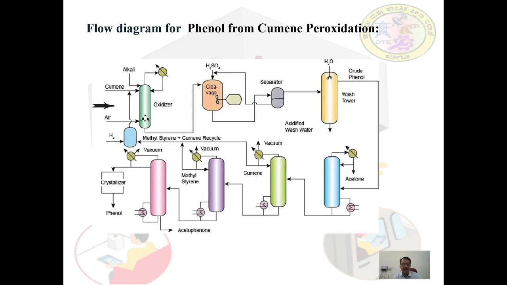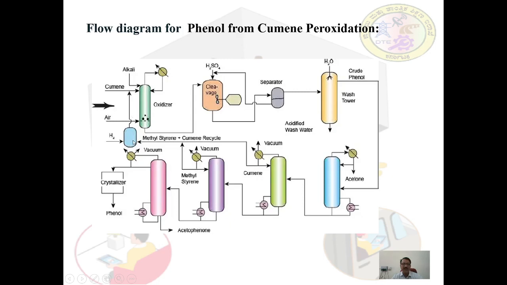The process is: cumene, isopropyl benzene, is made by alkylation of benzene with propylene. It is mixed with recycled cumene in 1:4 ratio and then sent to a hydrogenator.